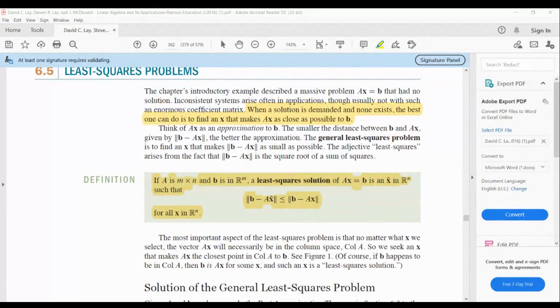And that vector x is your least squares solution. Now the question is, how do we find it? How do we find this least squares solution?